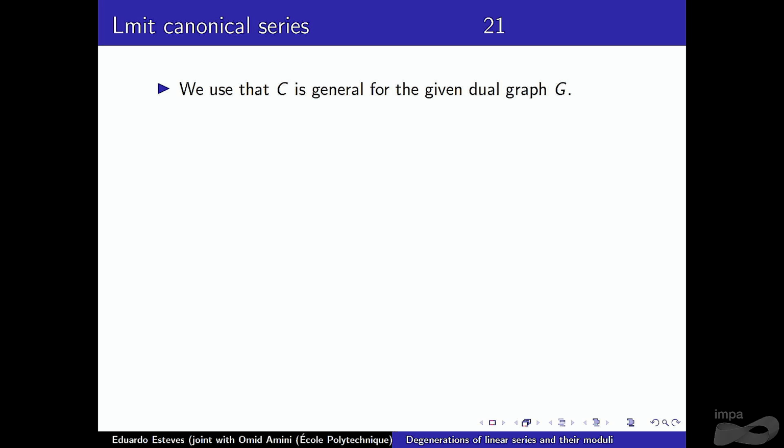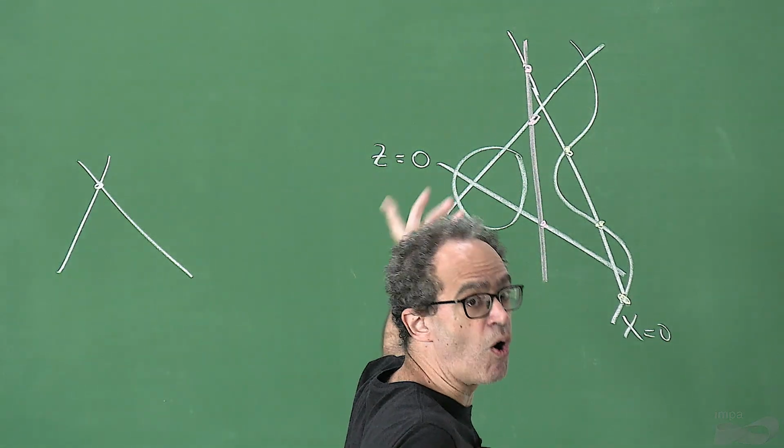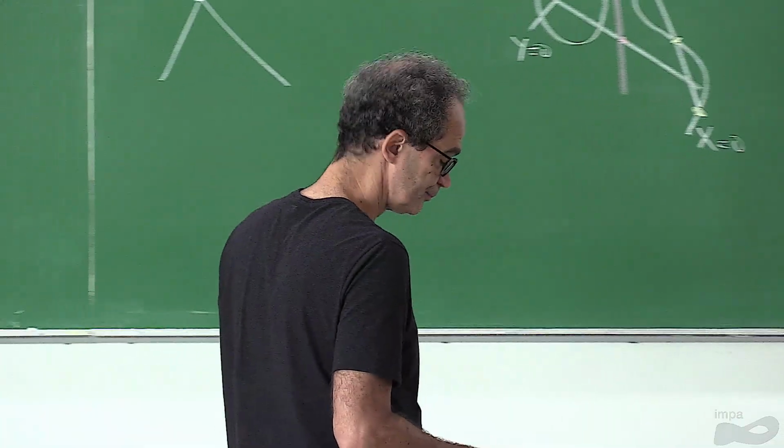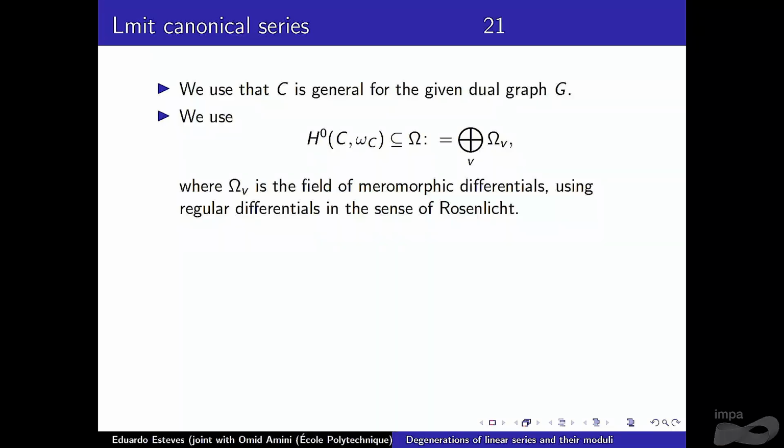So we use the fact that C is general for the given dual graph. So we're going to fix the dual graph and the genera. What I'm going to assume is that the points on the components are in general position with respect to the canonical on that component. We use meromorphic differentials.